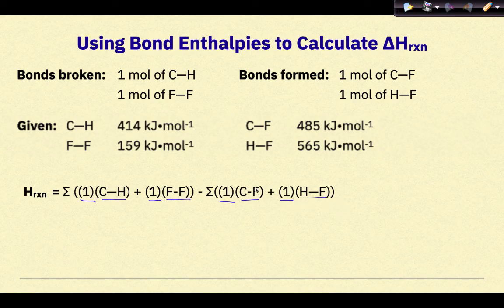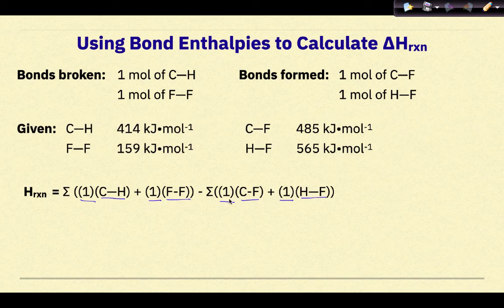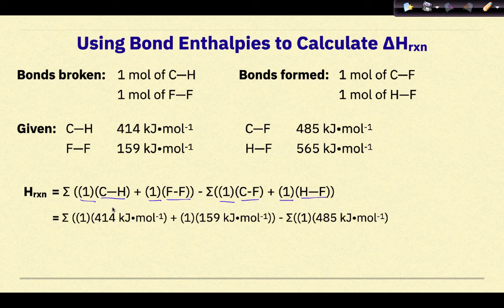Once I have this initial setup written out, then I would substitute each one of these values in for each one of these bonds, and I would get 414 representing the CH, the 159 representing the FF, the 485 representing the CF, and the 565 representing the HF.